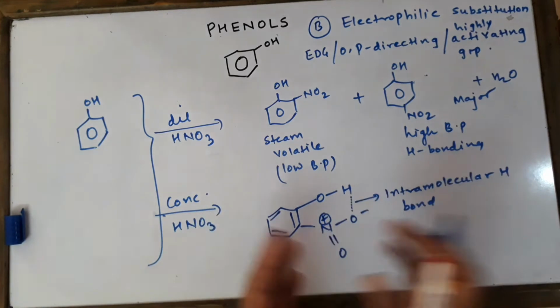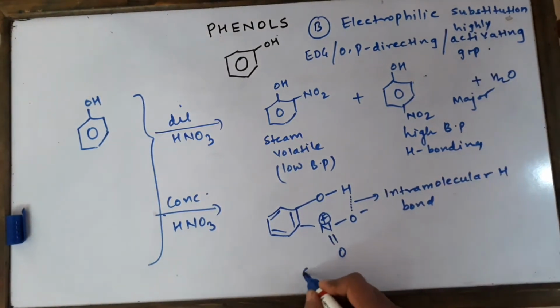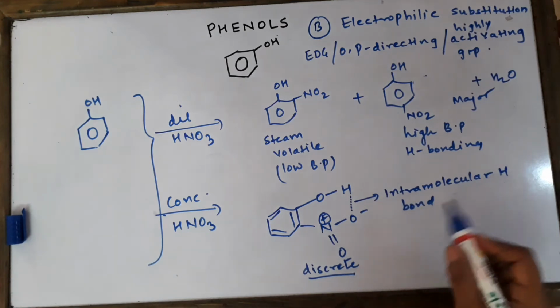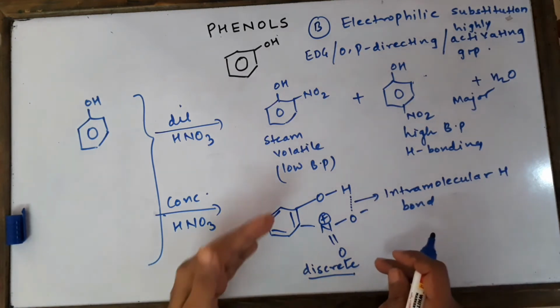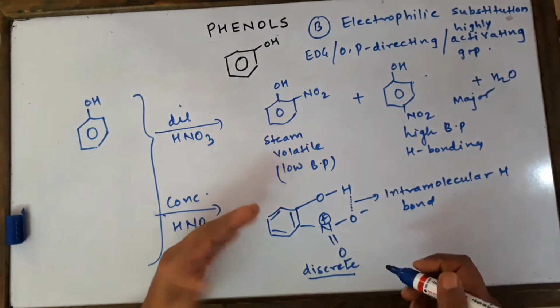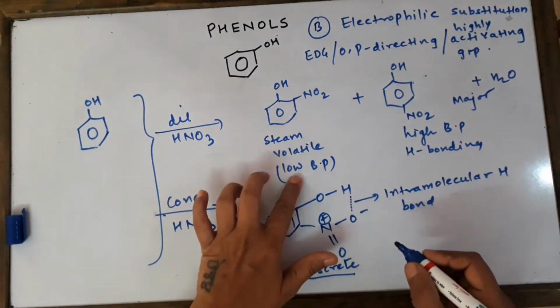It's not going to be joined with another orthonitrophenol. It's going to be alone. Okay, so we are going to have orthonitrophenol existing as a discrete species due to intramolecular hydrogen bonding. As a result, the intermolecular forces of attraction between the molecules are going to be very weak, and they will boil off very quickly. So they will have a very low boiling point.